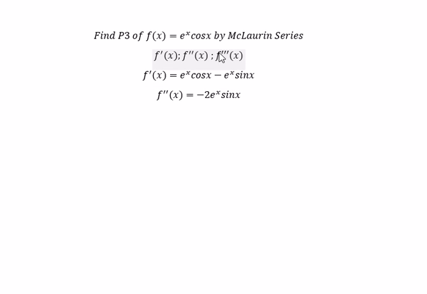Next, we go into the third derivative of the function. So you get negative 2e to the power of x sine x, and negative 2e to the power of x cosine x. And now we put x equal to 0 in this one.